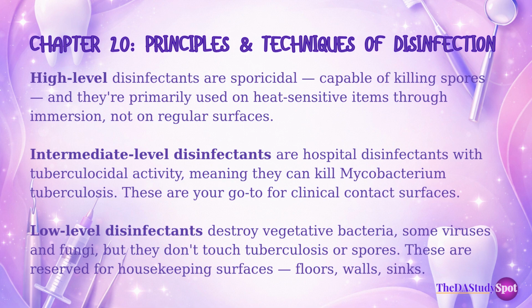These are your hospital disinfectants with tuberculocidal activity, meaning they can kill Mycobacterium tuberculosis. These are your go-to for clinical contact surfaces. Lastly, there's low-level disinfectants, and these destroy vegetative bacteria, some viruses, and fungi, but they do not touch tuberculosis or spores. These are reserved for housekeeping surfaces, so floors, walls, and sinks.